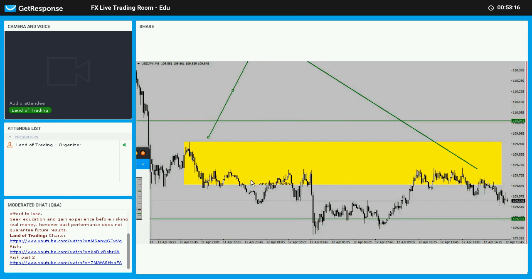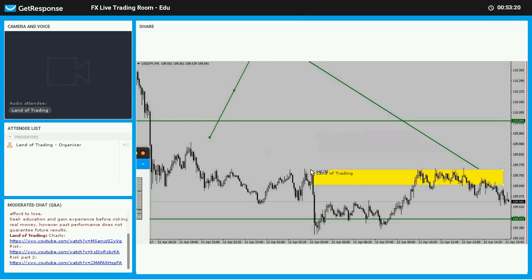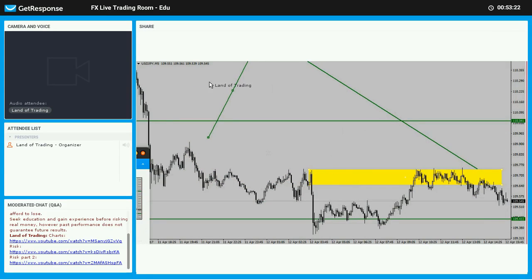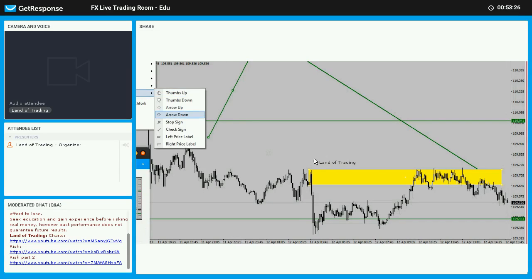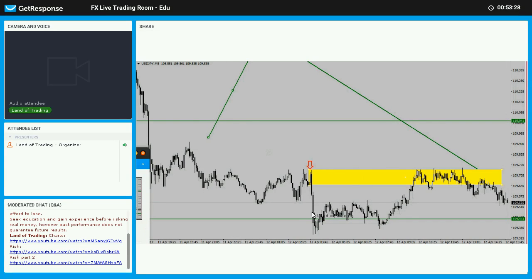All right, that's the 5-minute chart. That's the place from here. We saw the weakness, that was the lowest point during the Tokyo session from here.